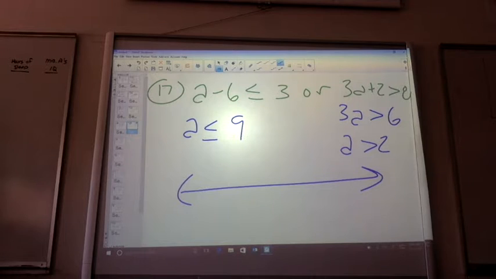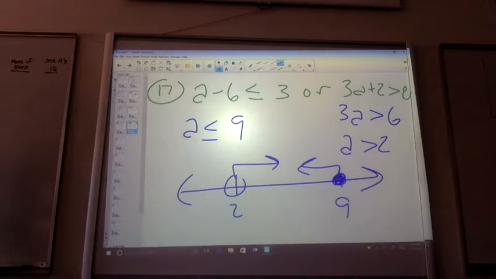OR problems, how many parts of it have to be true? Only one. Okay? So if I have 2 down here with an open dot, and that's going this way, and I have 9 down here with a solid dot going this way, remember, it's an OR problem.